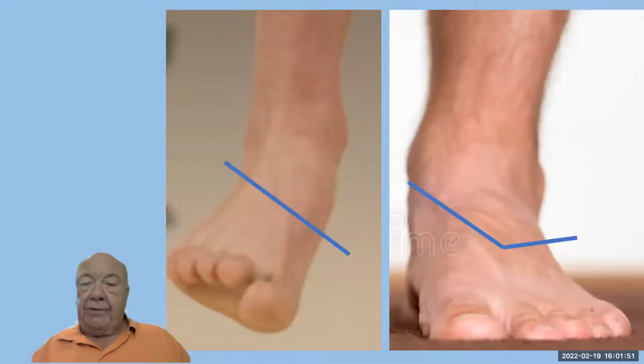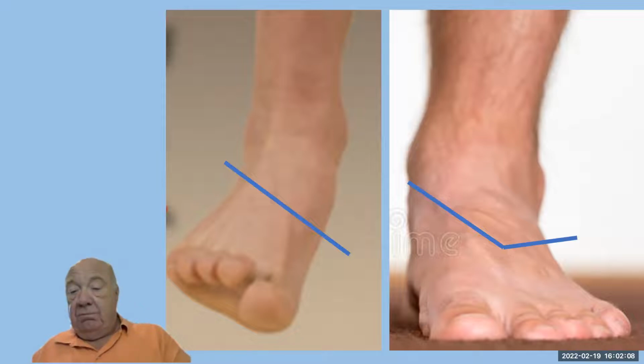Pronation and eversion: eversion is very similar to supination in that the foot does not change planes. We've got that blue line showing the general plane of the foot, and everything involved in eversion medially rotates. With pronation, we've got more or less half the foot supinating, inverting, and half the foot everting.